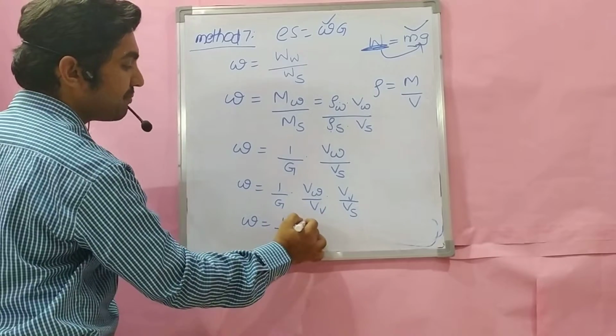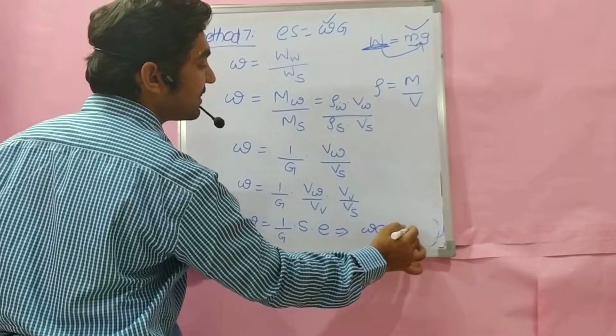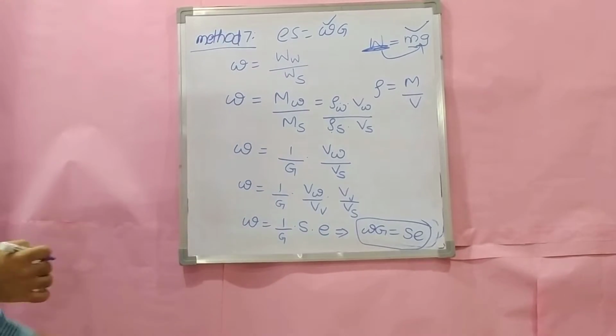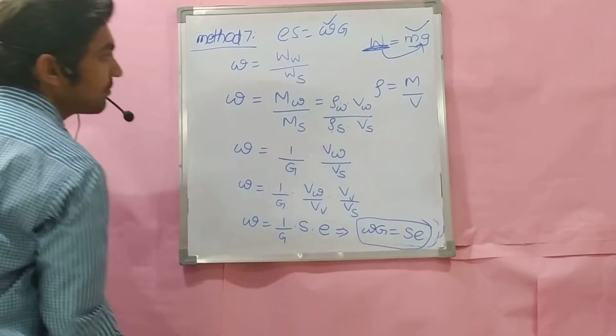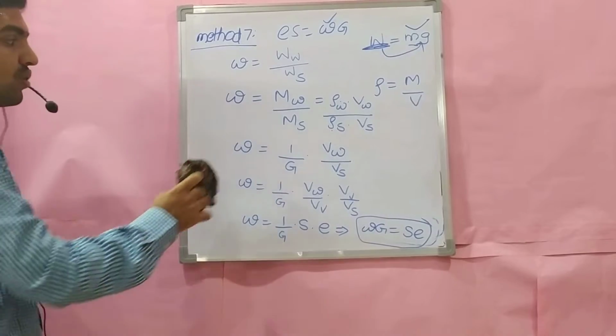Vw by Vv is the degree of saturation, and Vv by Vs is e, therefore wG is equal to Se. This is method number 7, by using the mass of water to the mass of solids.